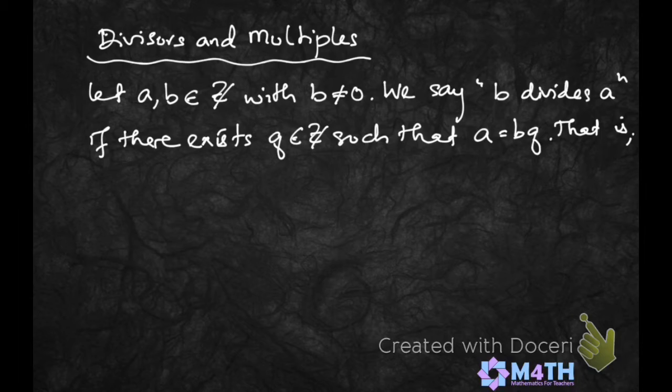You write b divides a, and you use that notation if and only if a can be written as bq for some integer q.